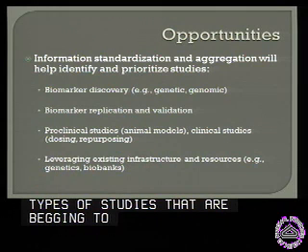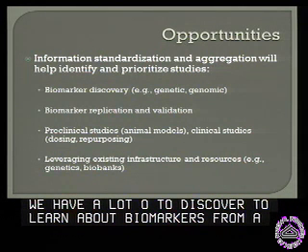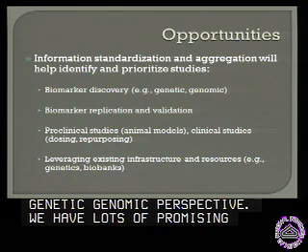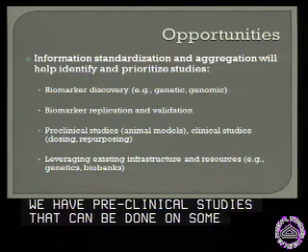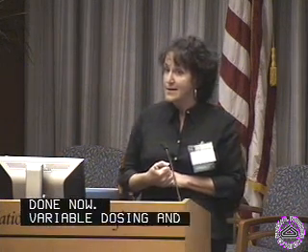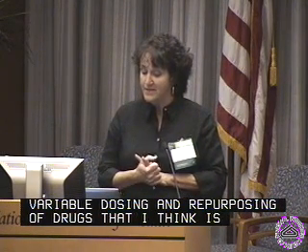We still have a lot to discover, to learn about biomarkers, again, from a genetic and a genomic perspective. We have lots of very promising biomarkers to replicate and validate. We have preclinical studies that can be done on some of the animal models that we heard about, clinical studies that can be done now, variable dosing and repurposing of drugs that I think is a very promising area, especially when it comes to CFS.